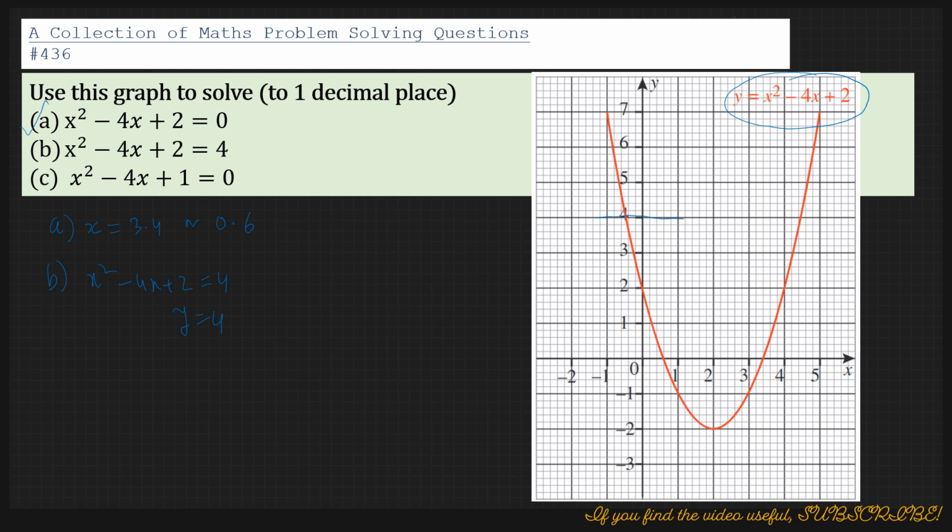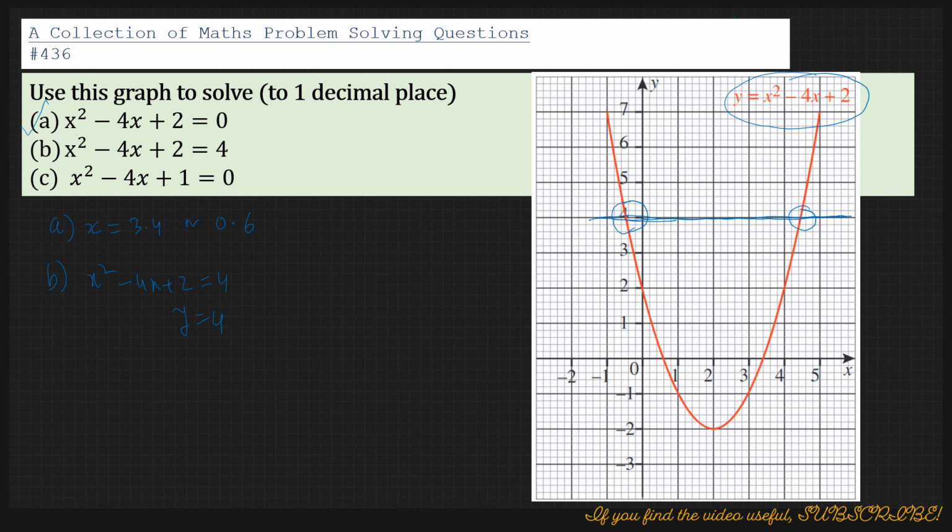So when you say y equals 4, it cuts the y-axis at 4. So if that's the case, then to solve for x, we just need to find the points where the line y equals 4 cuts the curve.